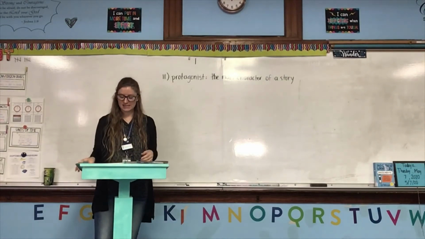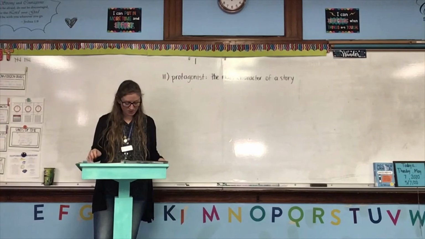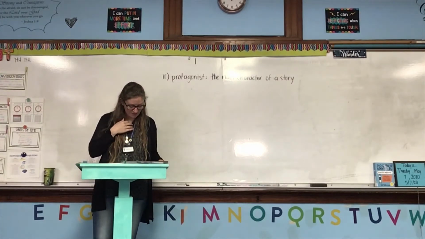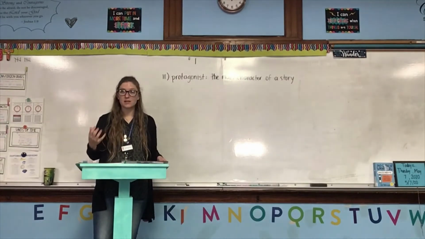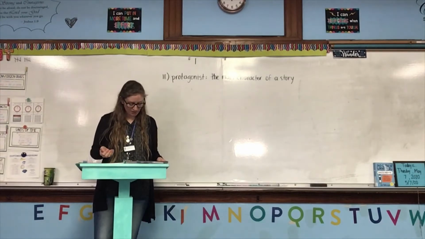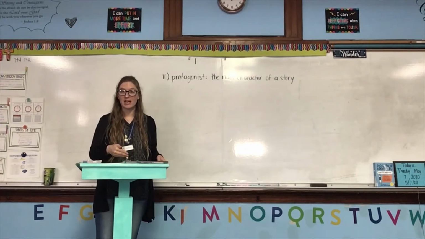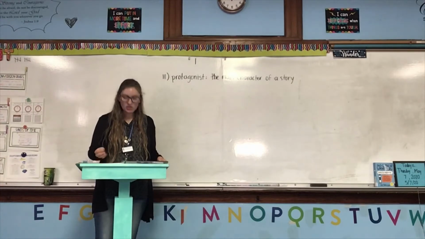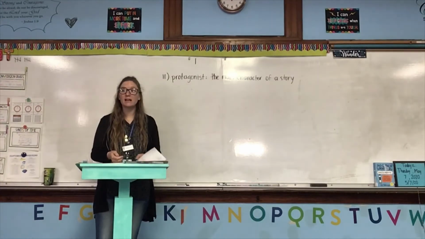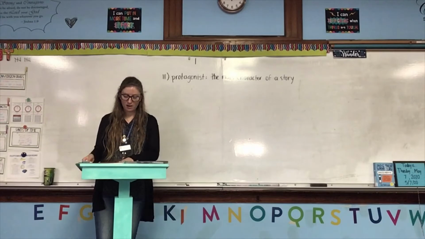Remember, hyperbole is exaggeration. After you're done with this story, you will have some independent practice where you will have to figure out who the protagonist or the main character is, find some examples of hyperbole, and then create your own hyperbole.